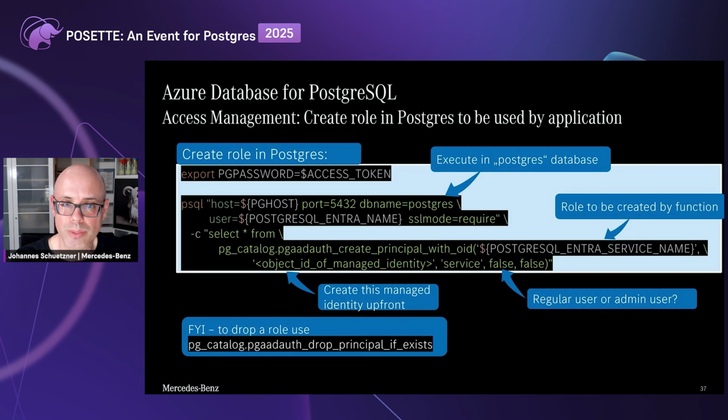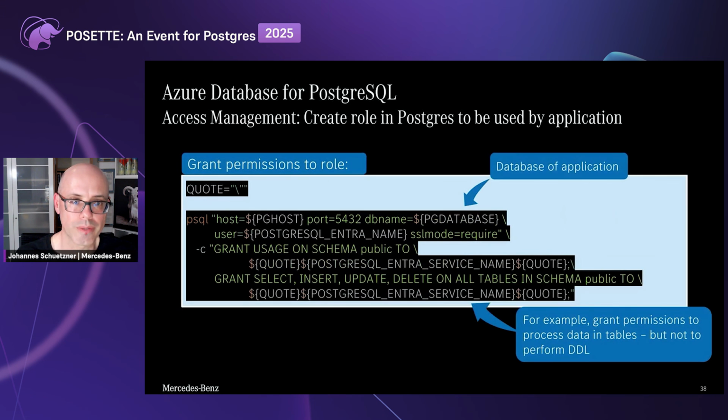Here you would specify the name of the role, which can be this new Entra service name, the object ID of the managed identity as it exists in Entra, and some additional parameters where you can say whether this should be a regular user or an admin user. But then basically you have in Postgres a role that correlates to your Entra user.